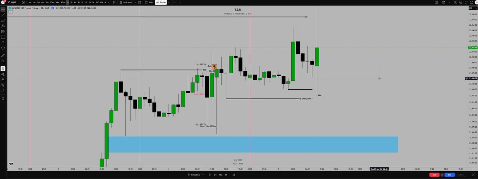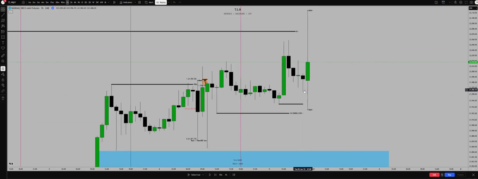I'm going to explain why this is important as a key level and why this would not be important as a key level. Okay. This wouldn't be a swing low. It's not important because we have a higher low to the left and a lower low to the right. This is a swing low because we have a higher low to the left and a higher low to the right.